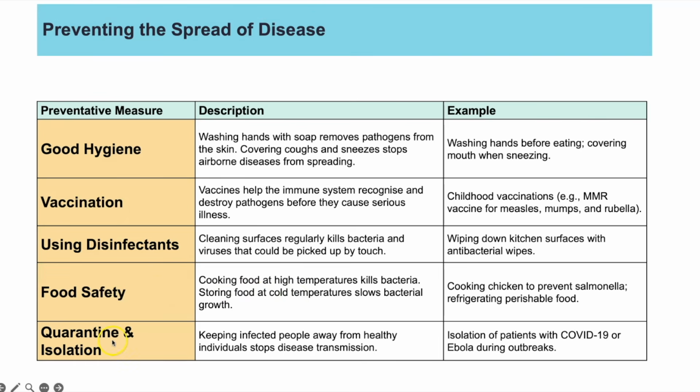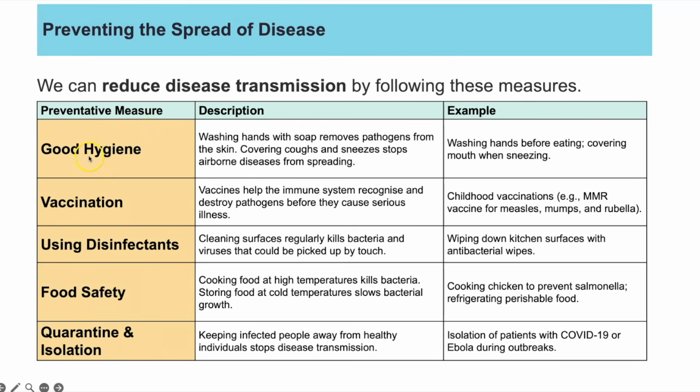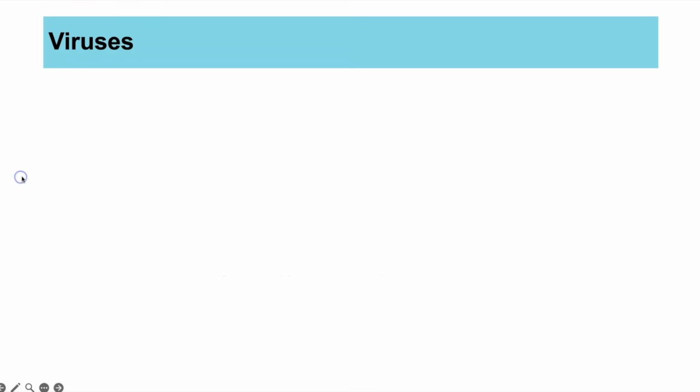The final example we've got is quarantining people who are infected. That means people that are infected would be kept separate from healthy people so they can't transmit that pathogen. And that's something that we saw a lot during COVID-19. So that's how we can reduce the transmission of the diseases.